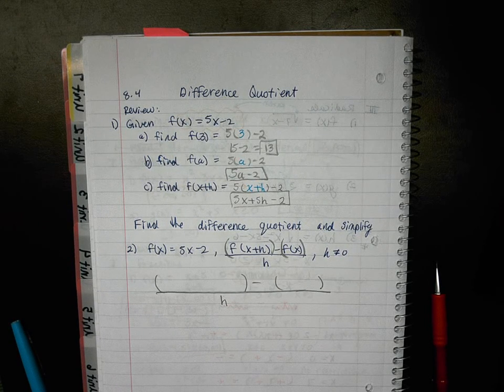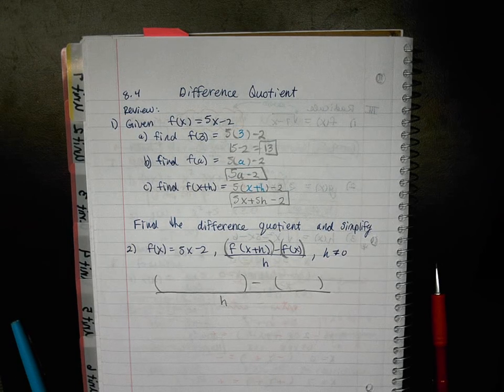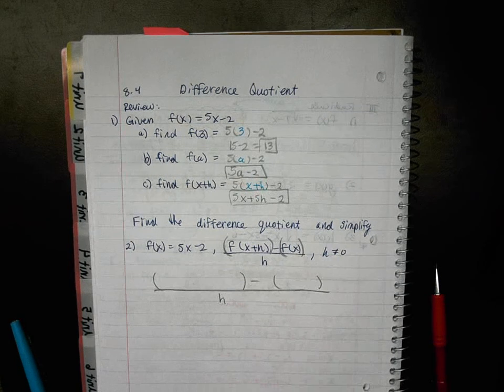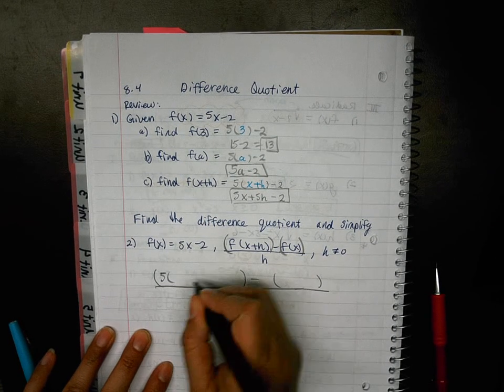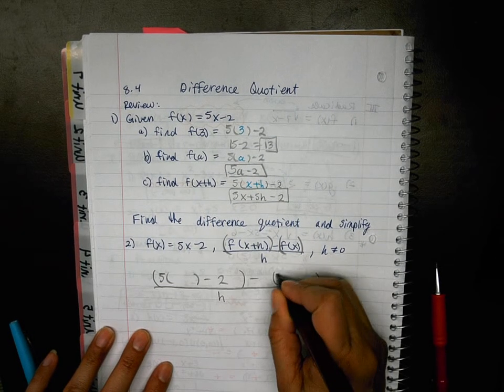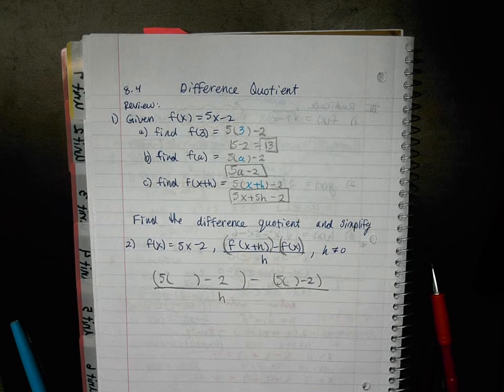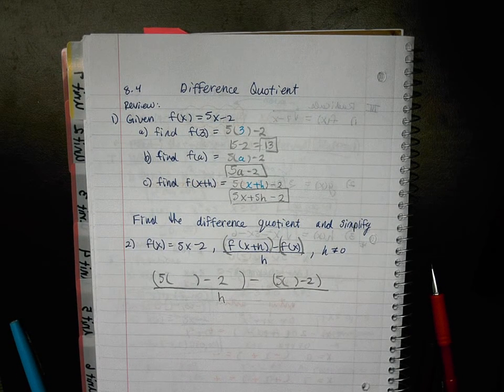Okay, so in both of these parentheses, I'm going to set up the skeleton for f of x. So 5 blank minus 2 is going in the first one. And 5 blank minus 2 is going in the second one. That will always happen. You set your skeleton up in each parentheses.